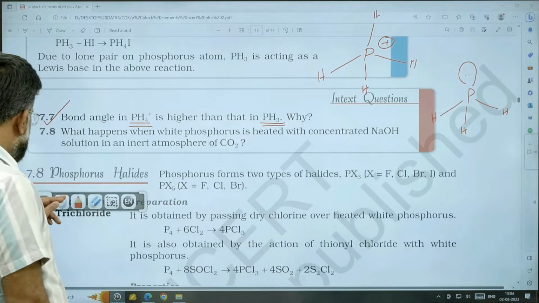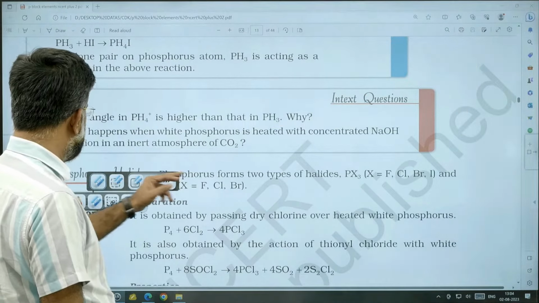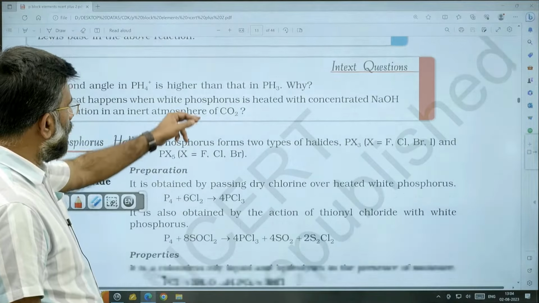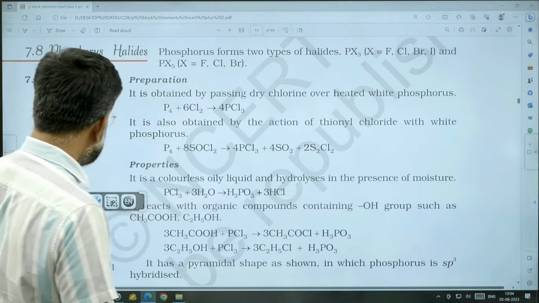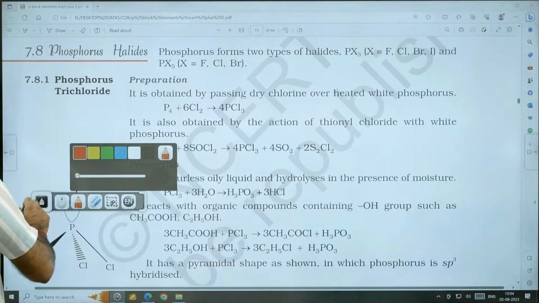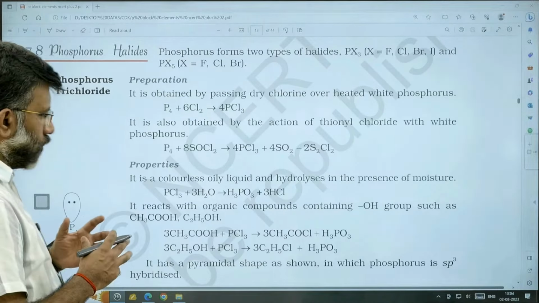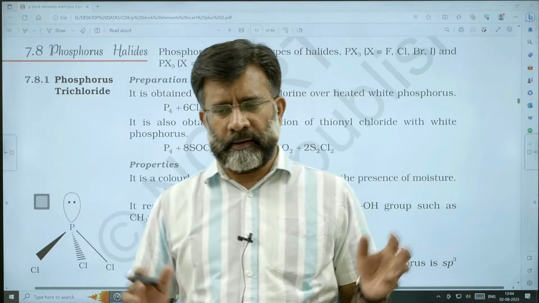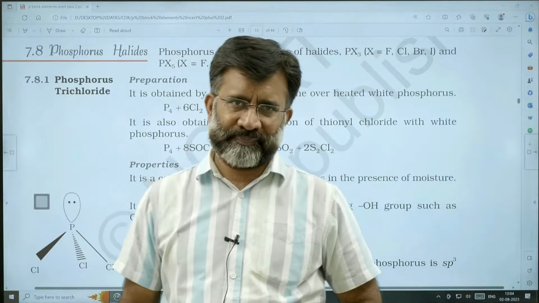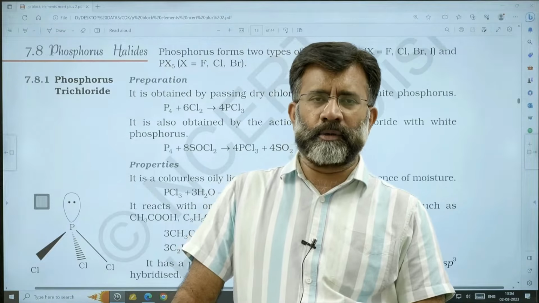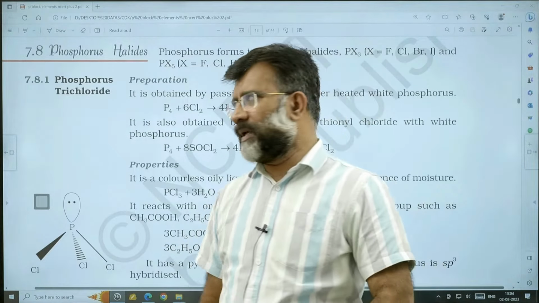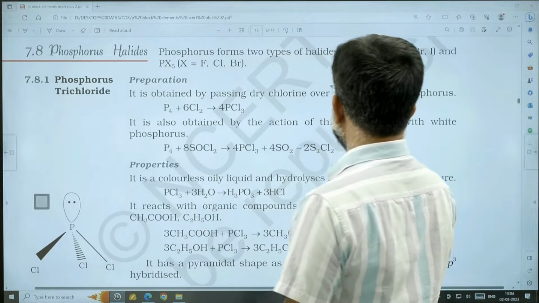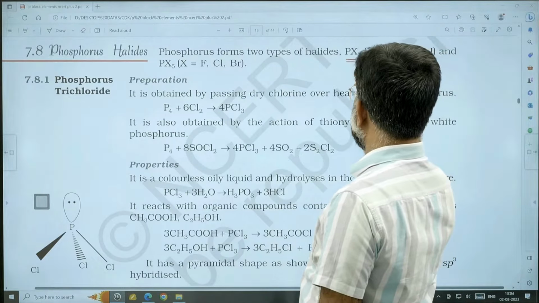Next is phosphorus halides. When learning phosphorus halides, you can learn phosphorus trichloride and phosphorus pentachloride as a combination. That is a better idea: learn PCl3 and PCl5 together. Mainly we have two types of halides, PX3 and PX5.